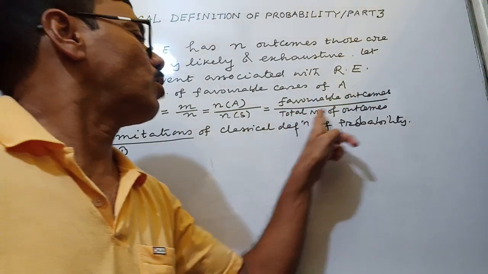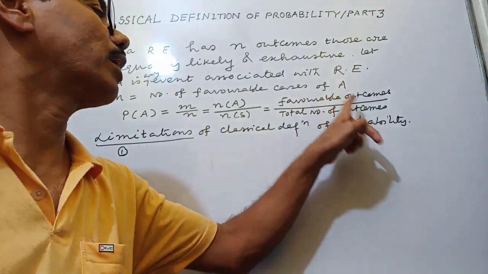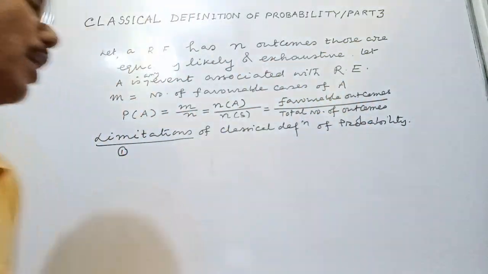If the total number of outcomes is not finite, then you cannot calculate P(A).